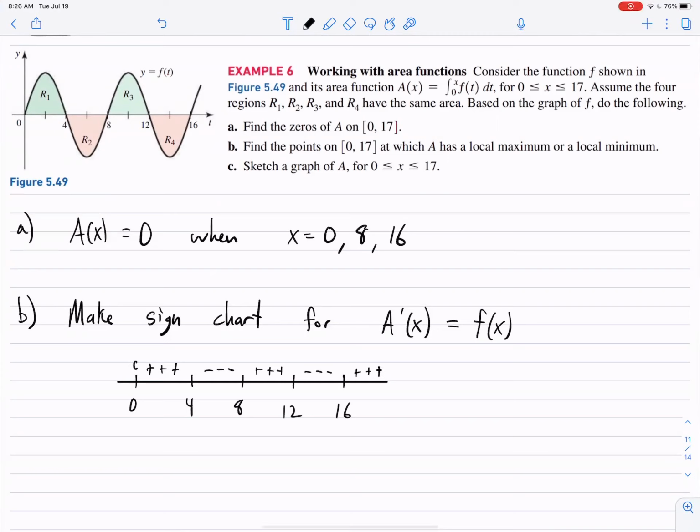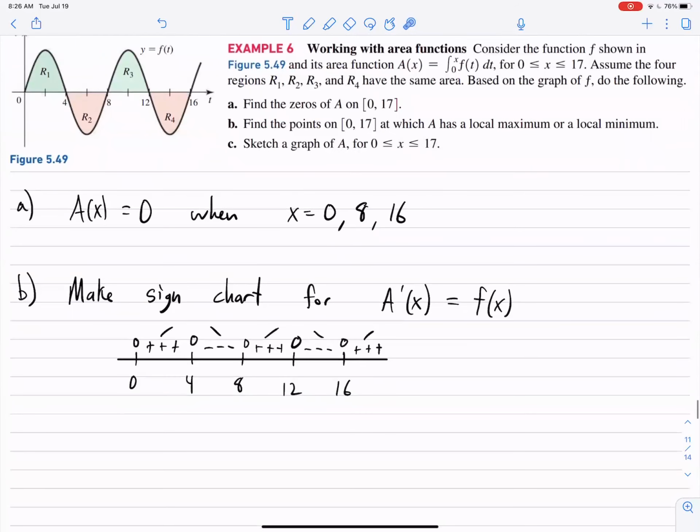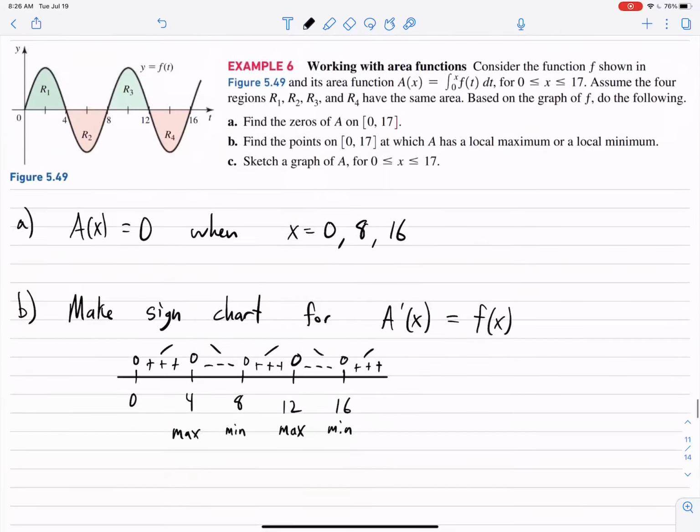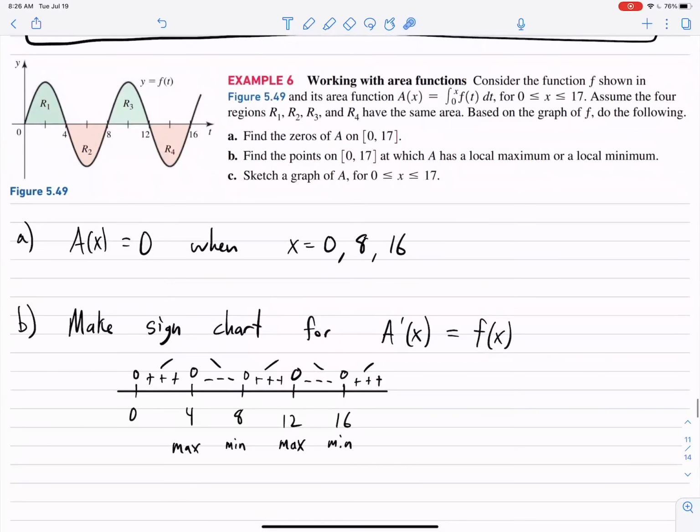And it's 0, 0, 0, 0, 0. And so it's increasing, decreasing, increasing, decreasing, increasing. And so this is a max, this is a min, and this is a max, and this is a min. So those are the local max and minimum for the area function, right?